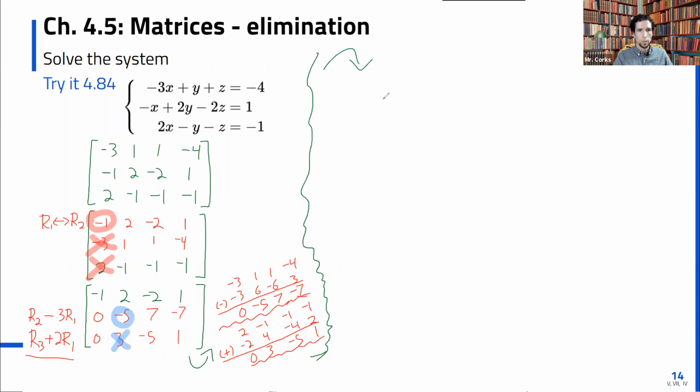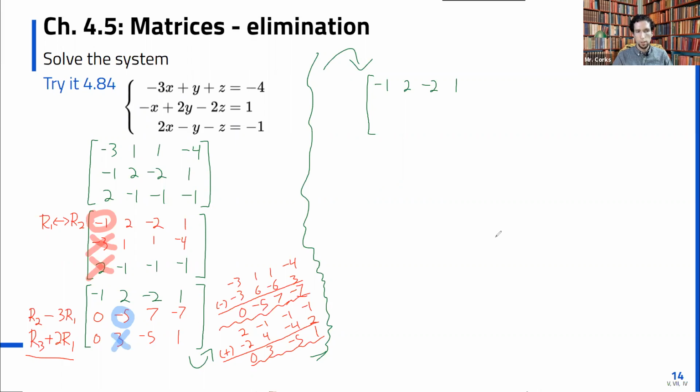All right, so continuing our matrix over here. Row 1, so we know our next step here, we're not going to be doing anything with row 1, so we can rewrite that as is. -1, 2, -2, and 1.